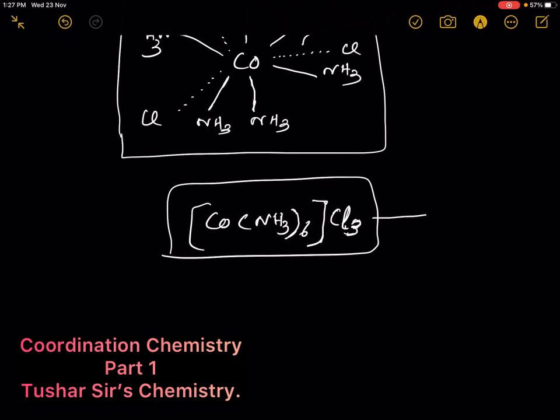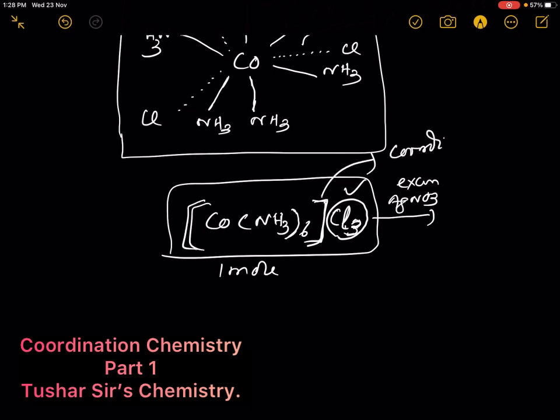When this molecule is treated with excess silver nitrate, you have taken 1 mole of this complex, and with excess silver nitrate, these 3 chloride ions are present outside the coordination sphere. This is your coordination sphere, and these are counter ions.